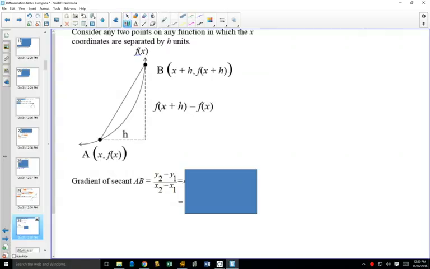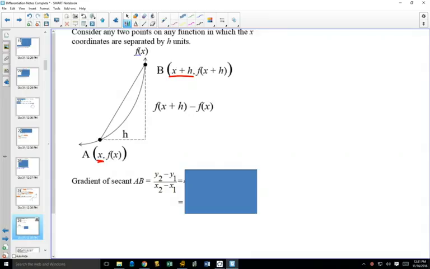So if we consider the x coordinate of point A to be x, and we call this distance h, does it make sense that the x coordinate of point B would be x plus h? Now you have some sort of function. Maybe this function is x squared plus 1 like we had before. But when you plug in x, your y coordinate will be y, or f of x, whatever that would be. And when you plug in x plus h, your y coordinate would be f of x plus h, whatever that would be, plugging it in.